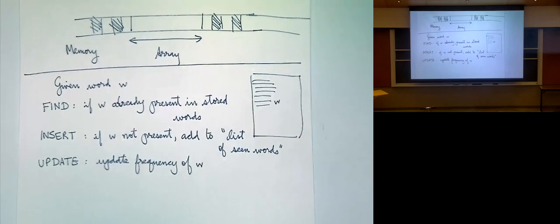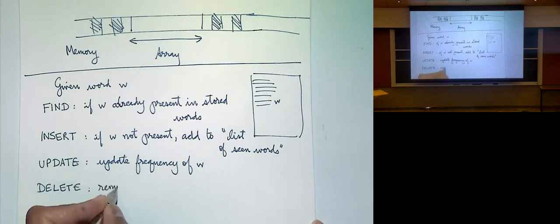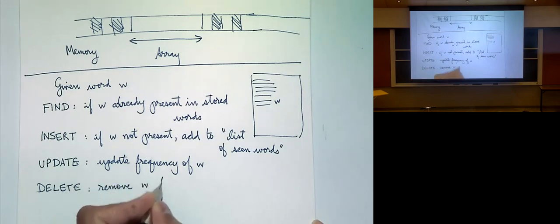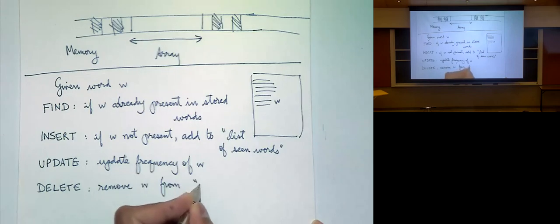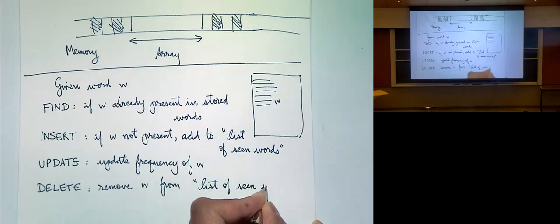Now, for this assignment, you don't need this, but you could also imagine there being a delete, which would be: remove W from the list of seen words.